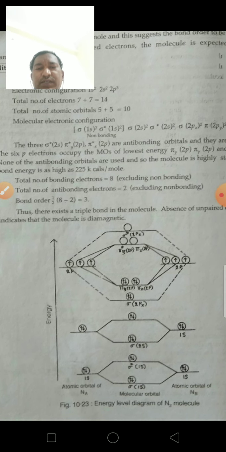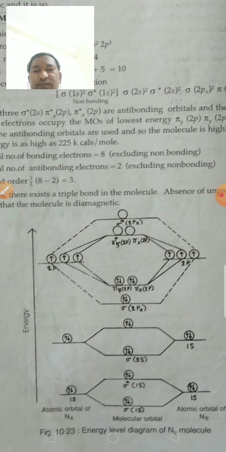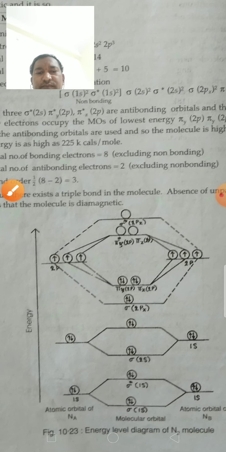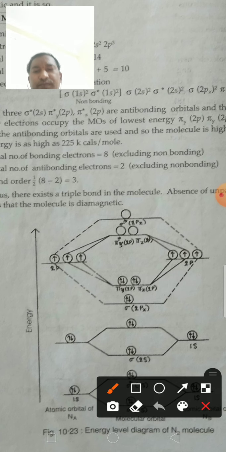So this is the energy level diagram of the nitrogen molecule. See here, this is one nitrogen atom, and this is another nitrogen atom. The nitrogen electron configuration is 1s2, 2s2, 2p3, so in the 3 p orbitals, 1 electron is filled each.